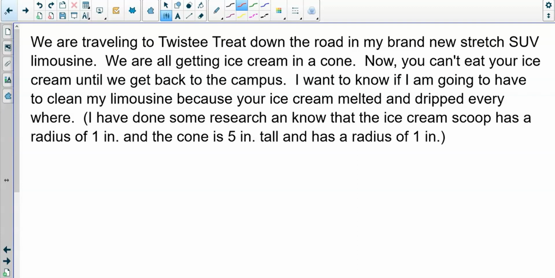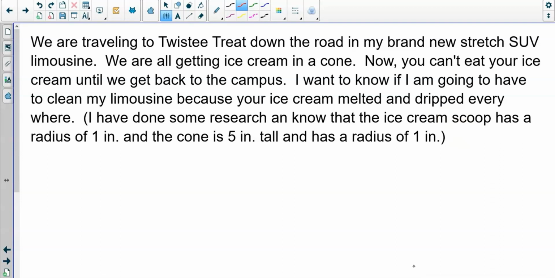But just so you know, we live in Florida. It's hot outside, so that ice cream is going to start melting as soon as we get it. And if it drips in my car, it's going to be me and you outside, fisticuffs. Pack a lunch. So I want to know, if we buy this ice cream and it melts, will it drip everywhere in my car?